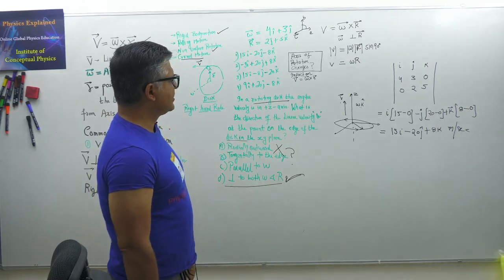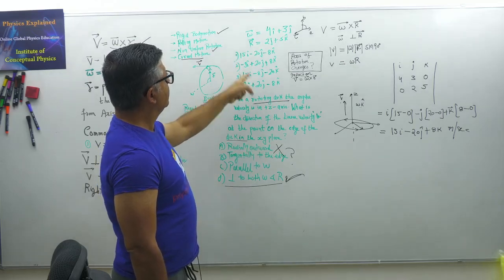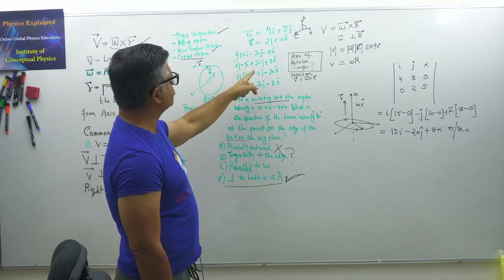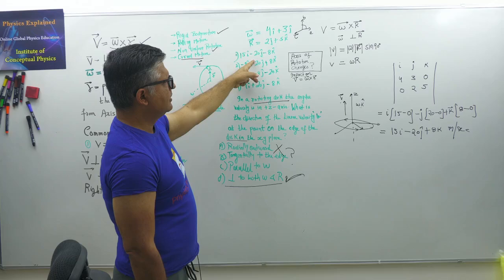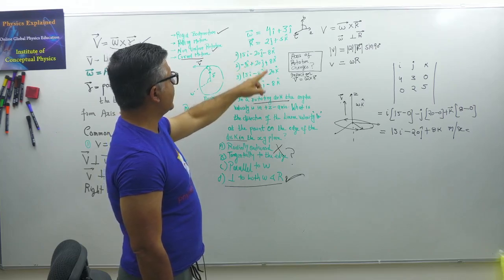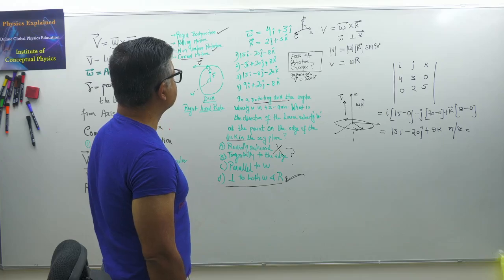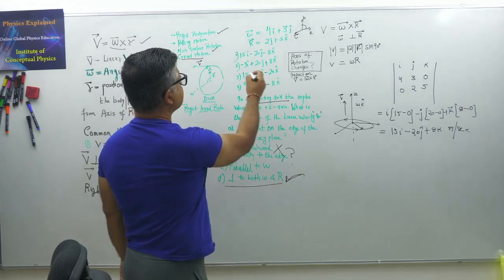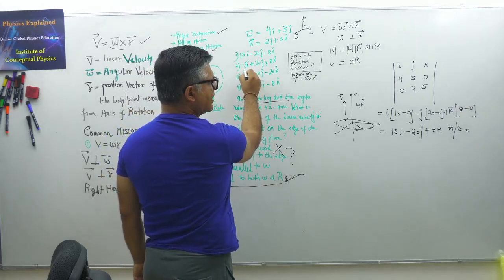Which answer is the closest? I think it is 15i minus 20j, and it is 8k, right? So the correct answer is this.